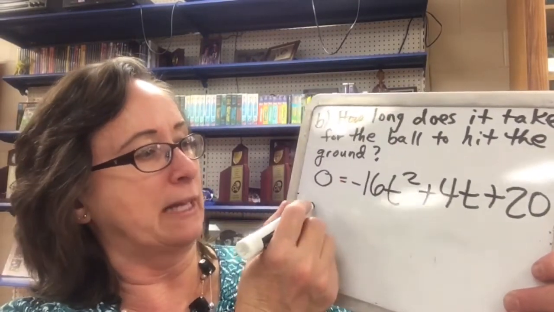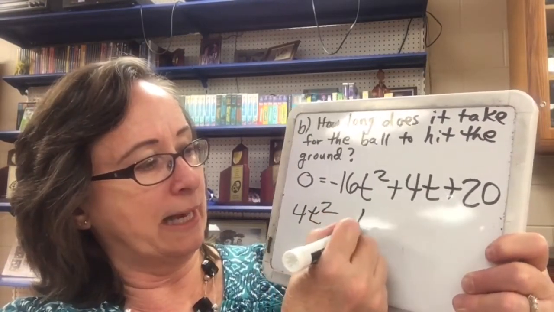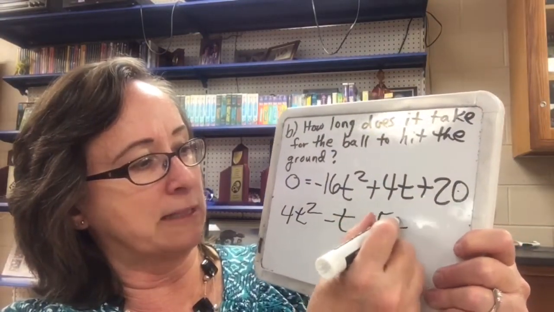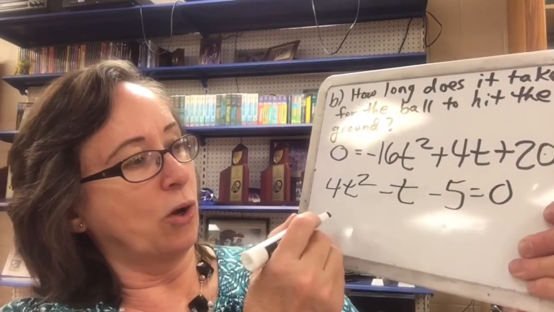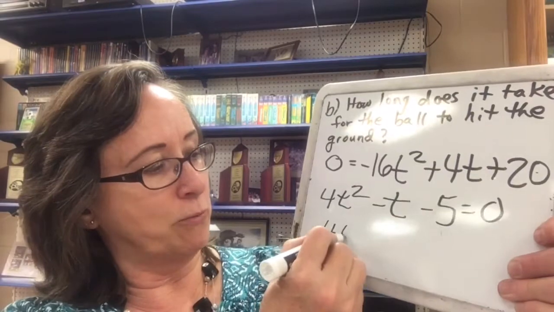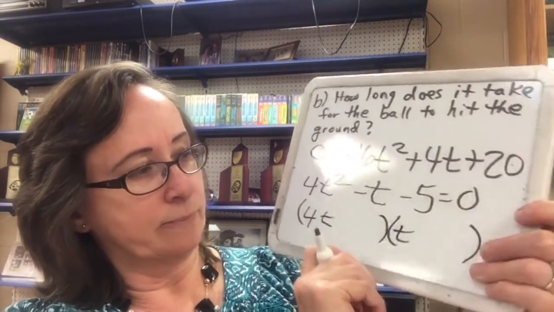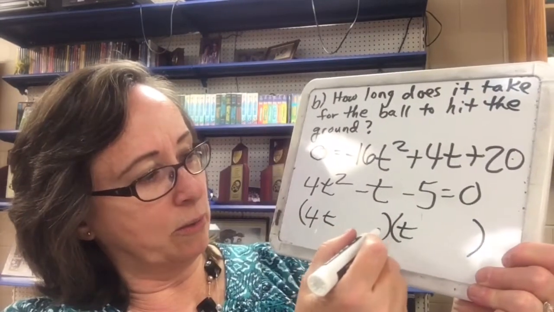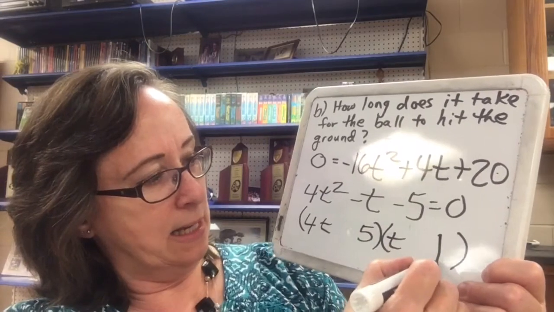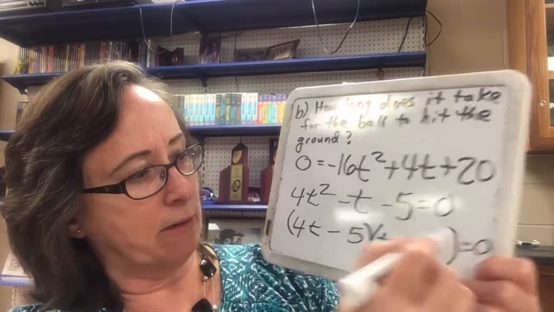When I divide this by a -4, I get a 4t squared. I divide this by a -4, I get a -t. Divide this by a -4, we get a -5 equals 0. Because I have opposite signs and I have a -t, I'm going to get a 4t and a t, and a 5 and a 1, and a negative and a positive, equal to 0.